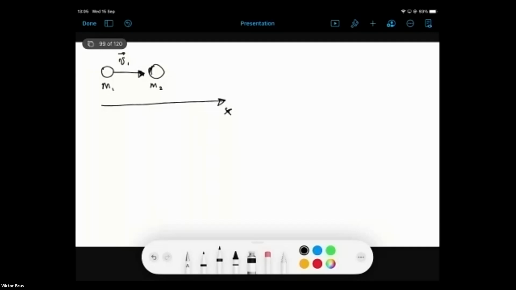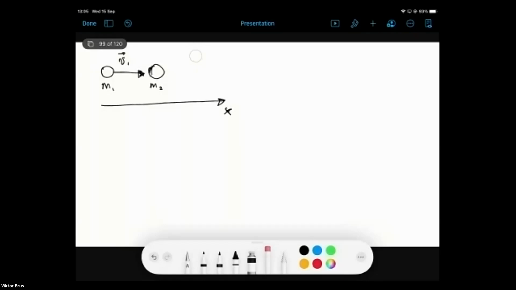And afterwards, obviously, we need to consider the motion of these bodies in two-dimensional space.